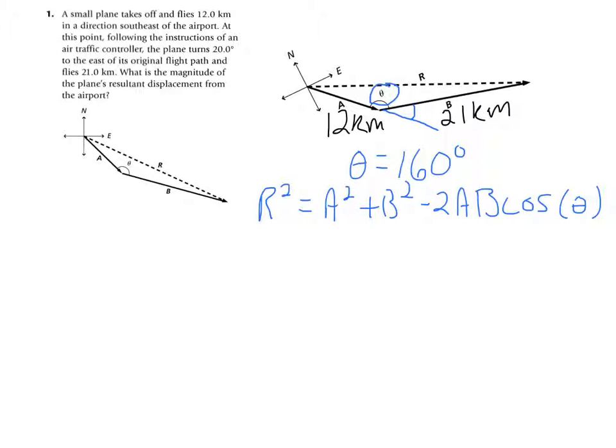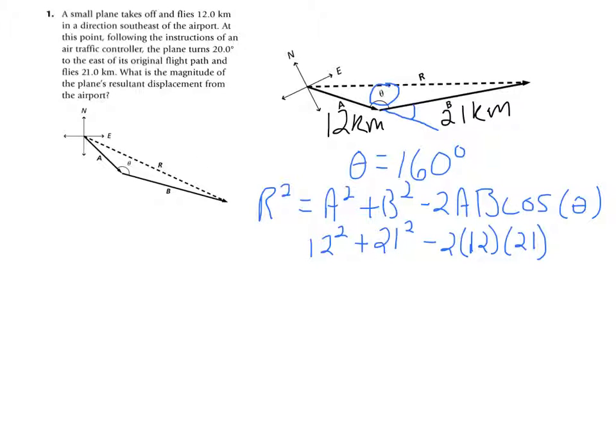And then it's just a pure substitution of your problems of 12 squared plus 21 squared minus 2 times 12 times 21 times cosine of 160.